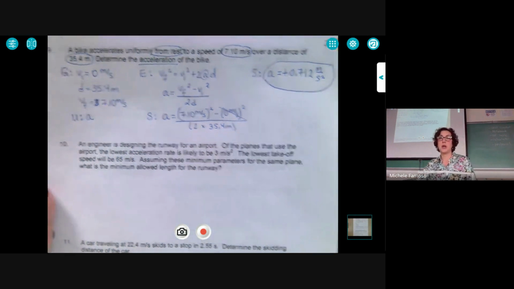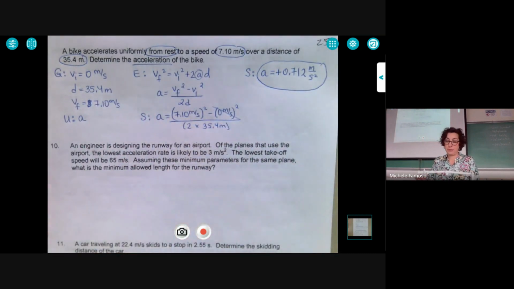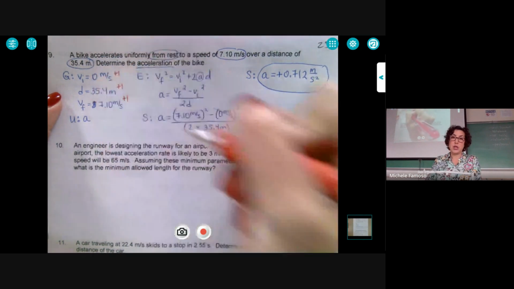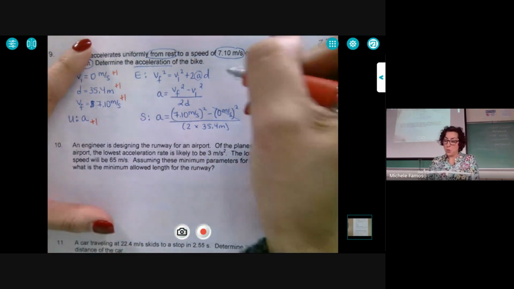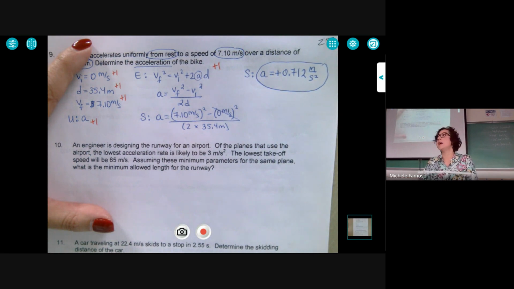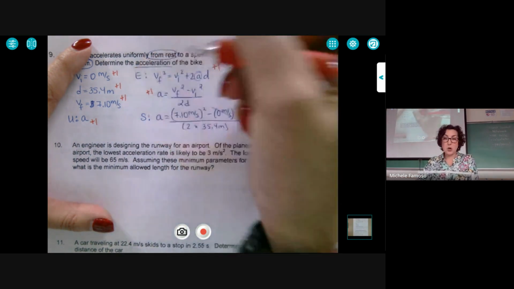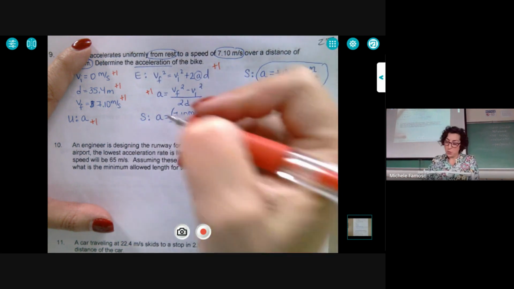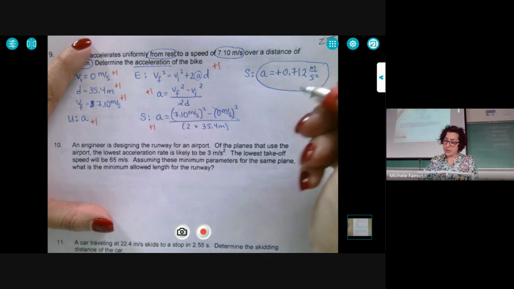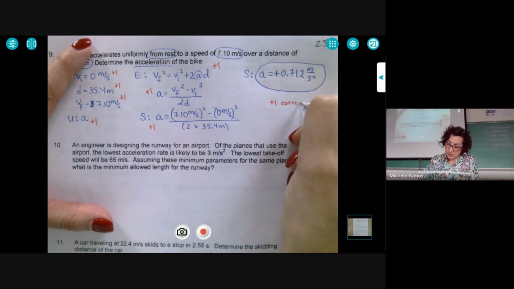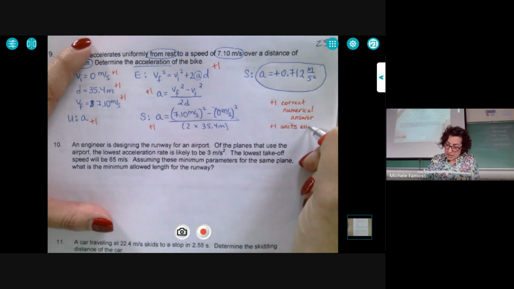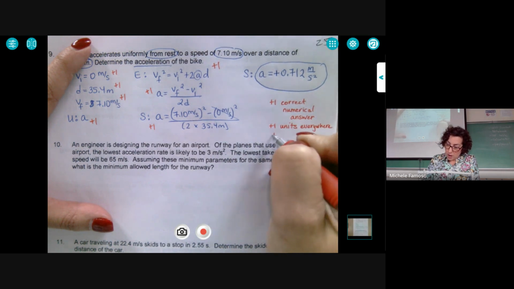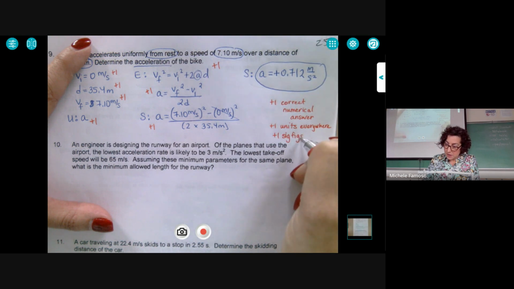Because you need to understand how you're going to get graded on a question like this, which will be a show work question. 1 point for correctly listing each given with the letter. 1 point for correctly listing the unknown. 1 point for picking the correct equation and writing it down off the reference table. 1 point for correctly doing the algebraic manipulation. 1 point for doing the substitution. 1 point for the correct numerical answer. 1 point for units everywhere. 1 point for the correct sig figs on your answer.